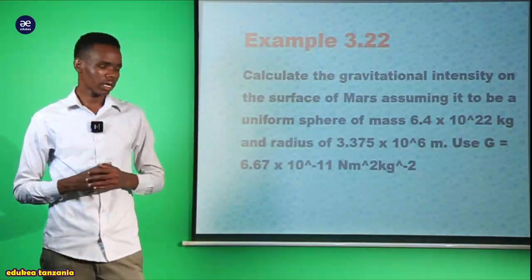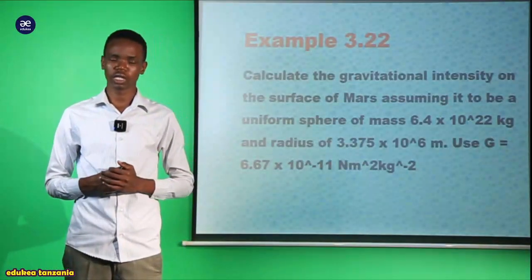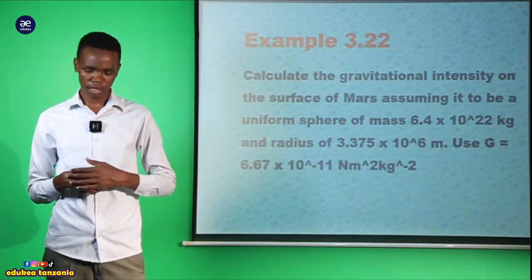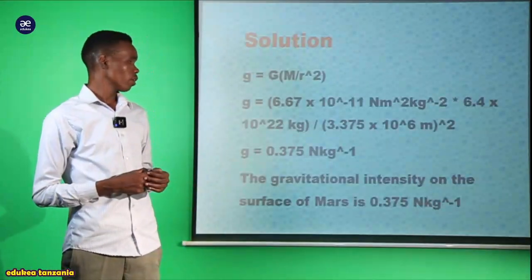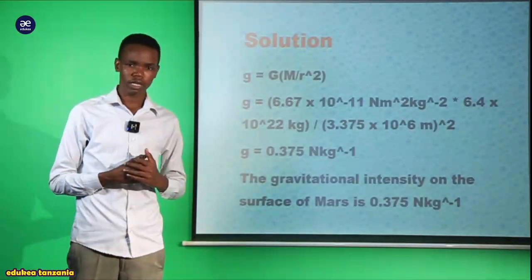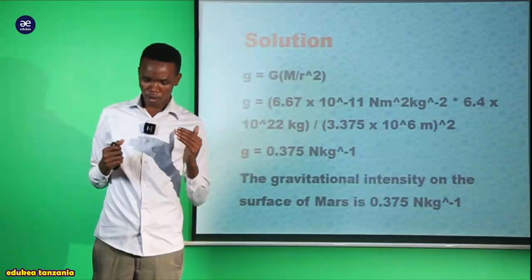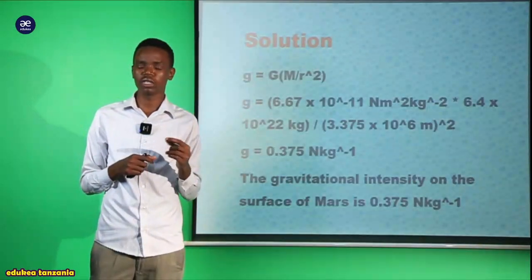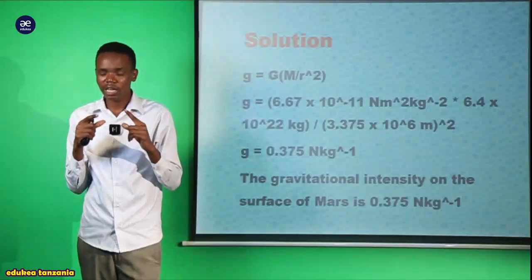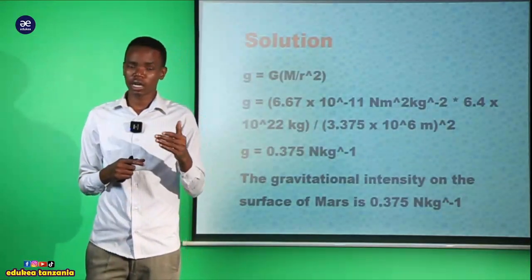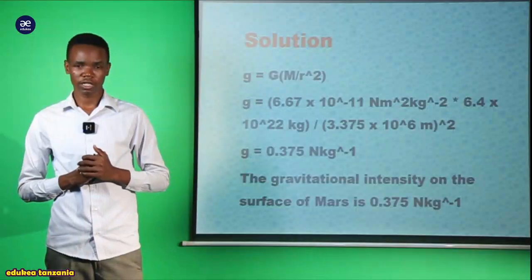So how can we solve this question, my dear students? First of all, we are supposed to recall the formula of the gravitational field strength. Gravitational field intensity or gravitational field strength, these are related. So if you are asked to find gravitational field strength, it is the same as gravitational intensity.